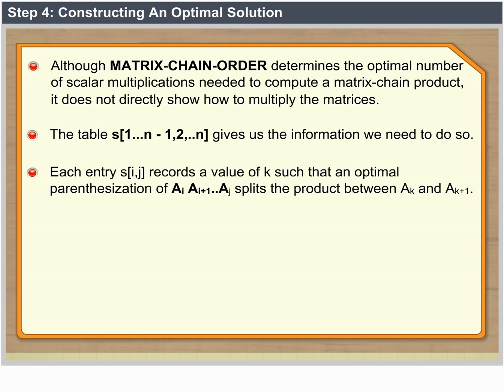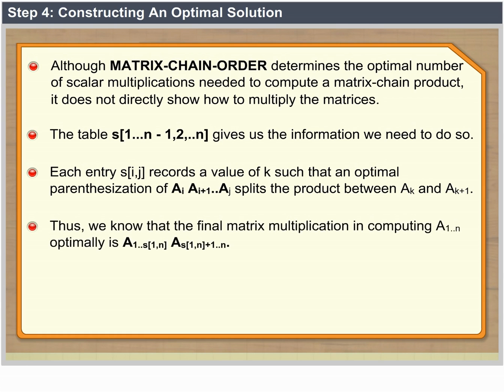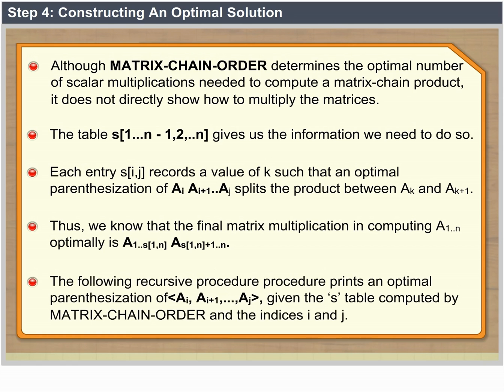Thus, we know that the final matrix multiplication in computing A_{1..n} optimally is A_{1..s[1,n]} times A_{s[1,n]+1..n}. The following recursive procedure prints an optimal parenthesization of A_{i+1} up to A_j, given the s table computed by Matrix-Chain-Order and the indices i and j.